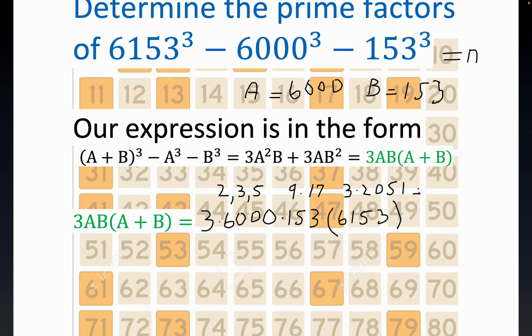This is equal to 3 times 2051, which turns out to factor. Let's just write it like this, folks. So we have 3, and then 2051, which is 3 squared times 7 times 293.